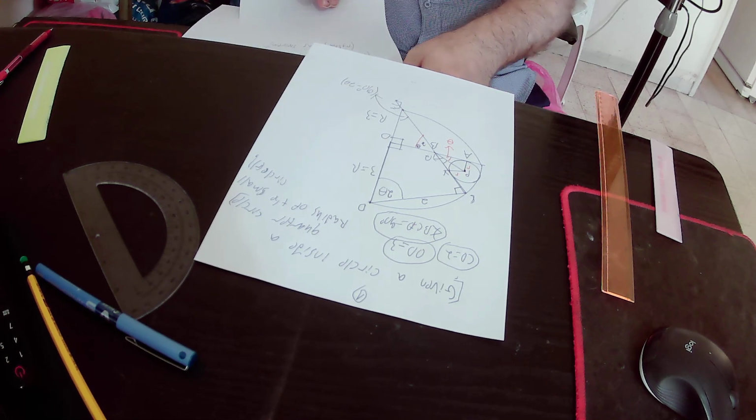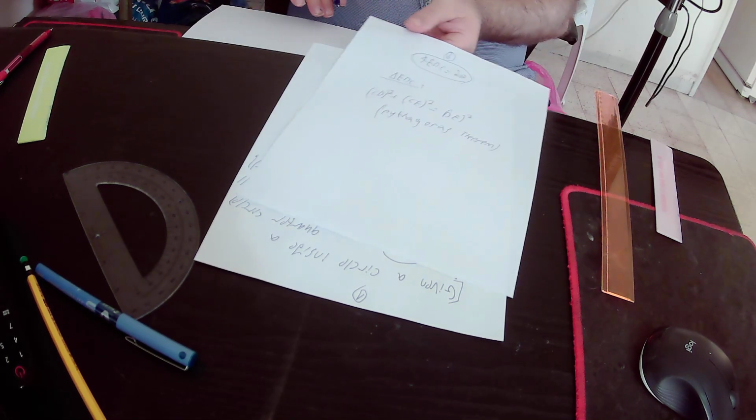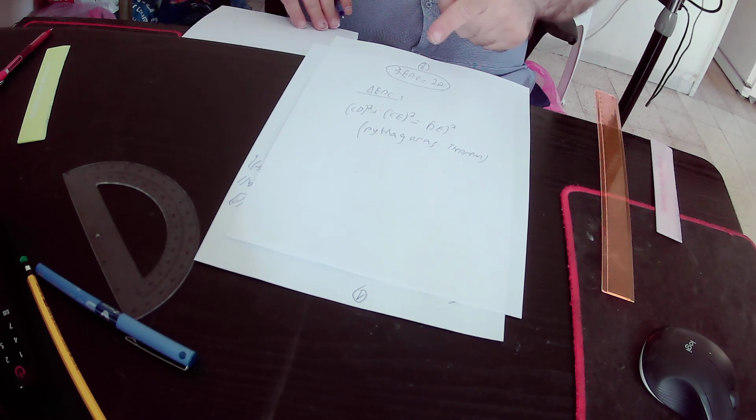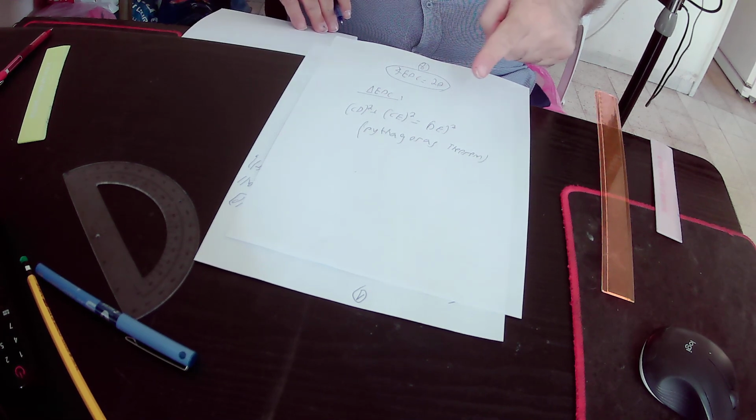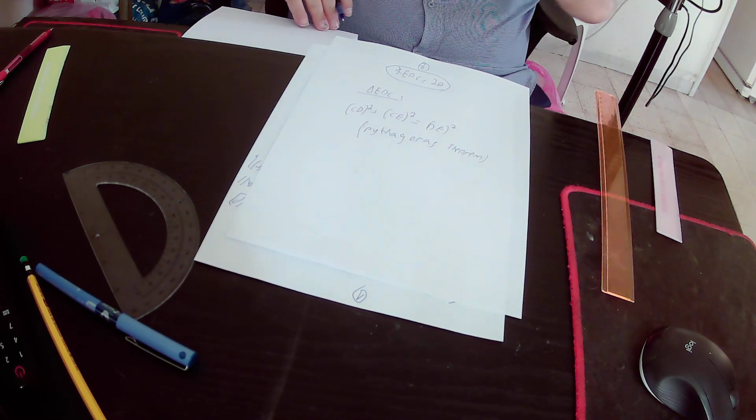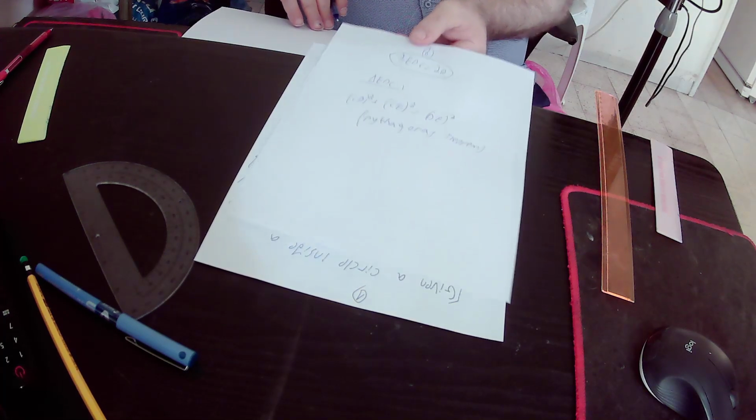Again, in the right triangle EDC, CD square plus CE square equals DE square. Okay?